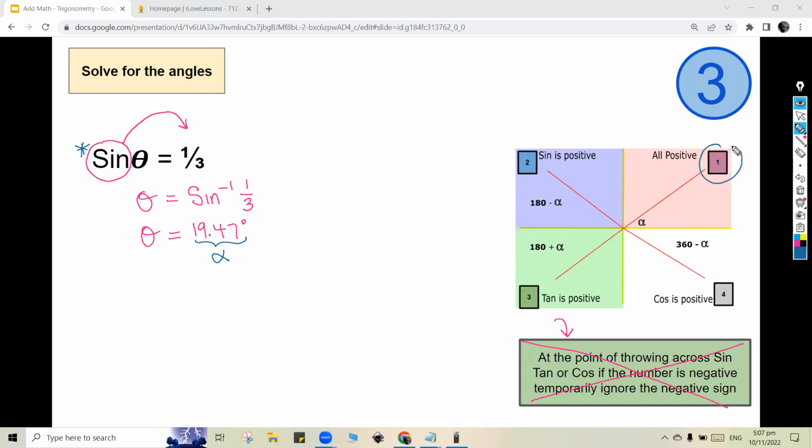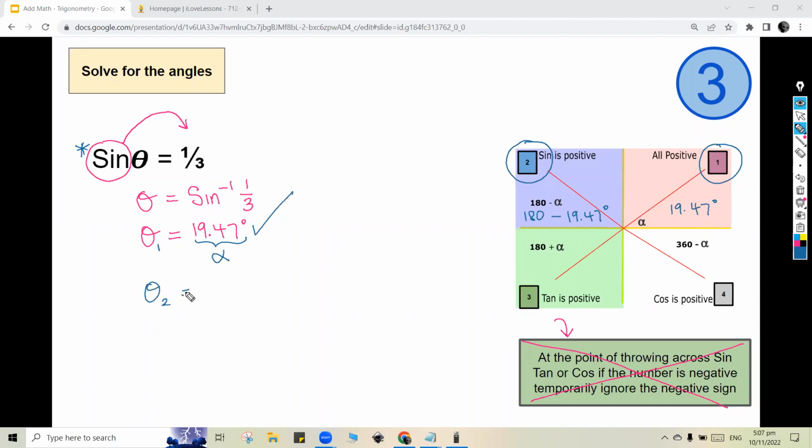It's region 1 and region 2. Everybody is positive in region 1, and only sine is positive in region 2. So what are the formulas here? Well, whenever it's in region 1, alpha will be one of the answers. And to get the second answer, it's 180 minus how much? 19.47. So this is one of our answers.